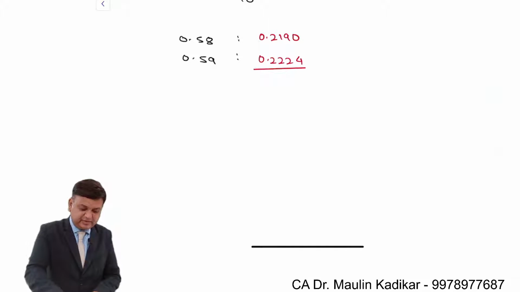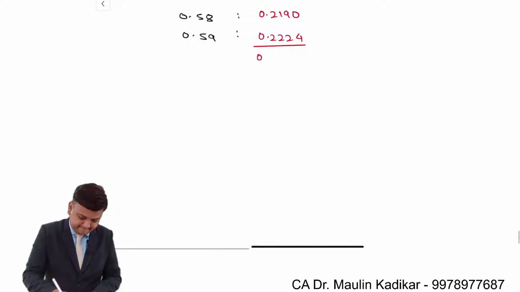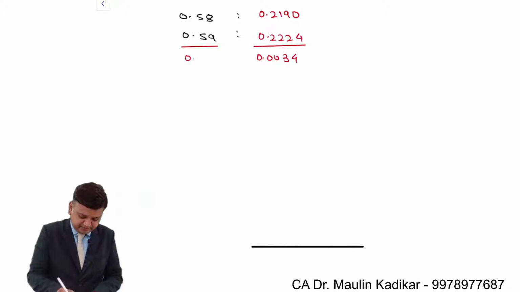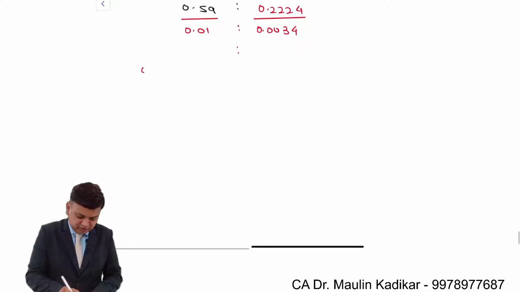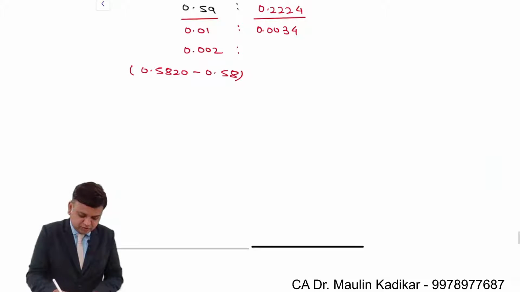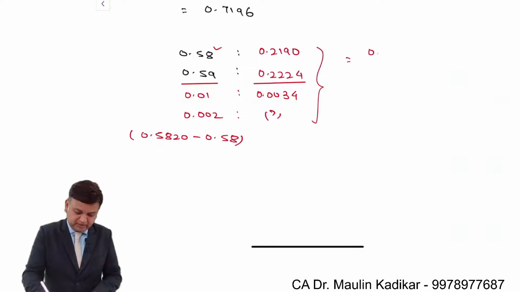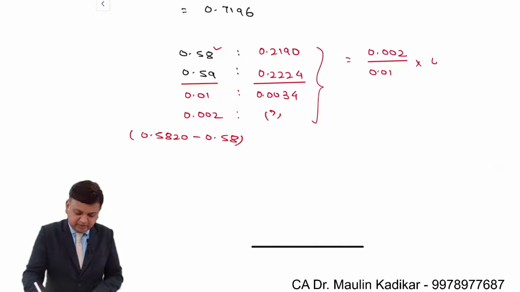So the difference between both of them is 0.0034. This difference is for 0.01. Again we take the base of the lower one friends. So 0.5820 minus 0.58 is 0.0020. It is represented by this much reading. So 0.002 divided by 0.01 into 0.0034.